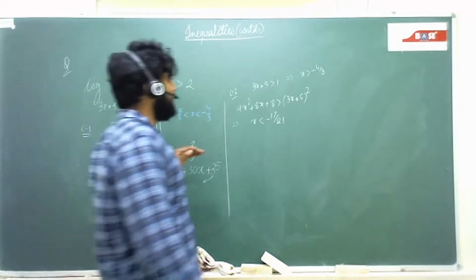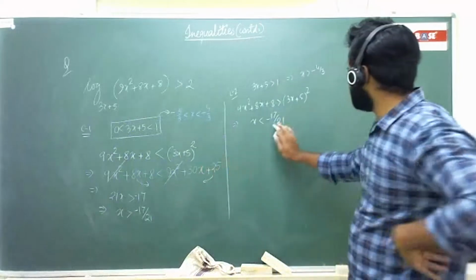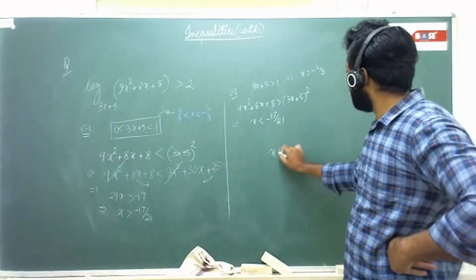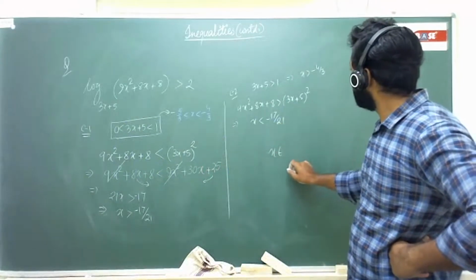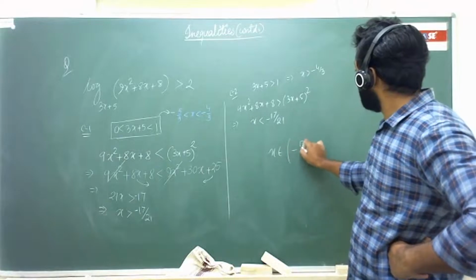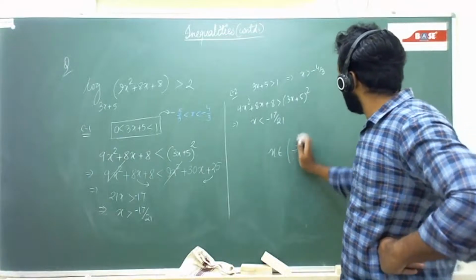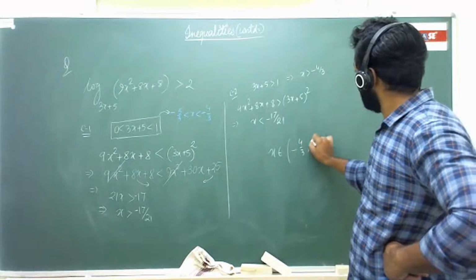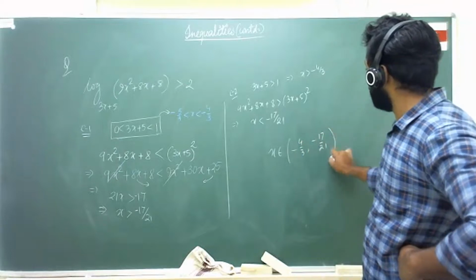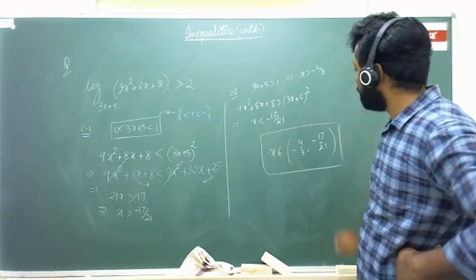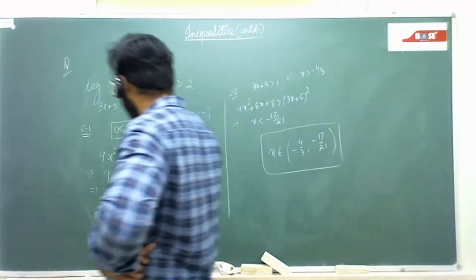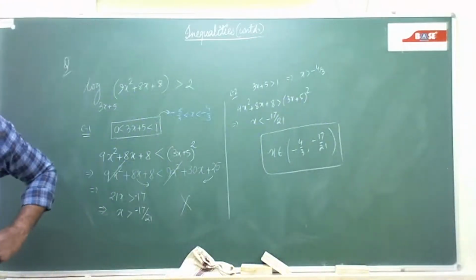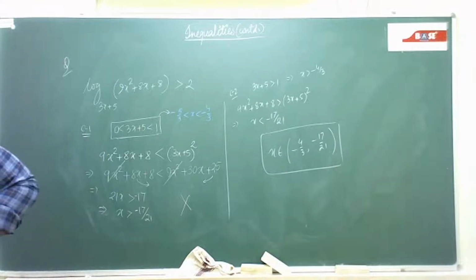And also, if you look at this case, we have more than this but less than this. So x ultimately is between minus 4 by 3 to minus 17 by 21. So that's what the region is. And here we are not getting any common region, right? Moving on.